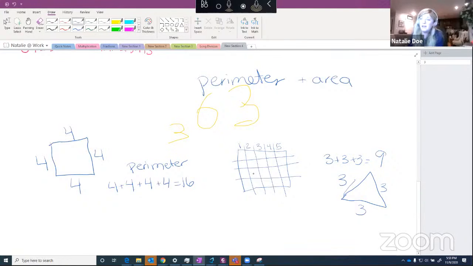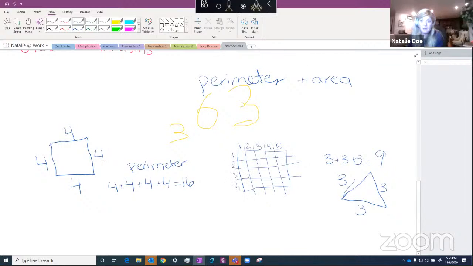So in an example like that, if I've got this square and I want to know what the perimeter is, you can divide it into sections. So if you've got it already in a grid, then you count how many little squares on each side. So on this rectangle here, I've got 1, 2, 3, 4, 5 on one side. Then if I go down, I've got 1, 2, 3, 4.